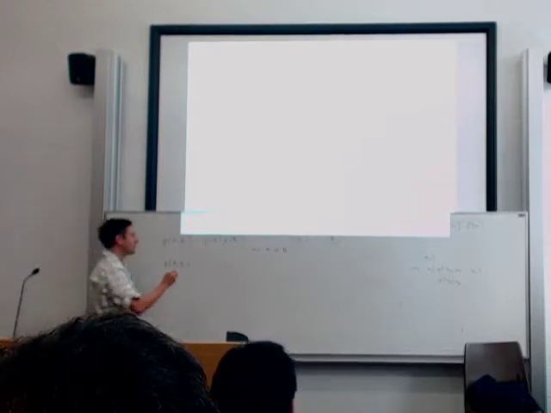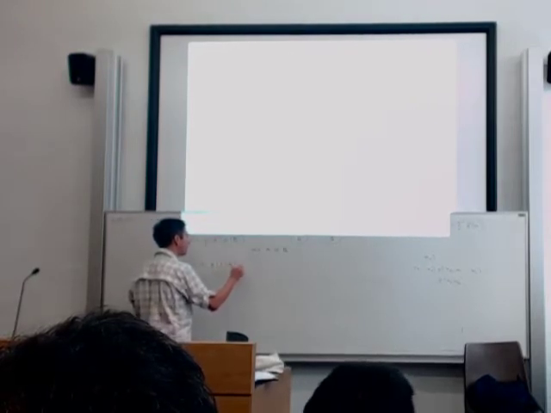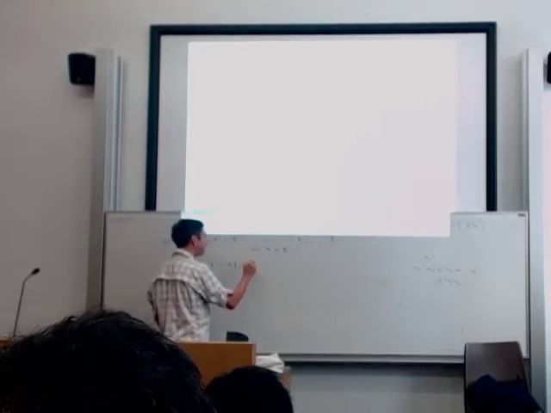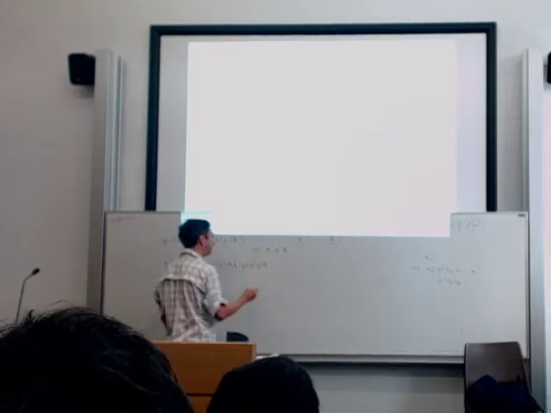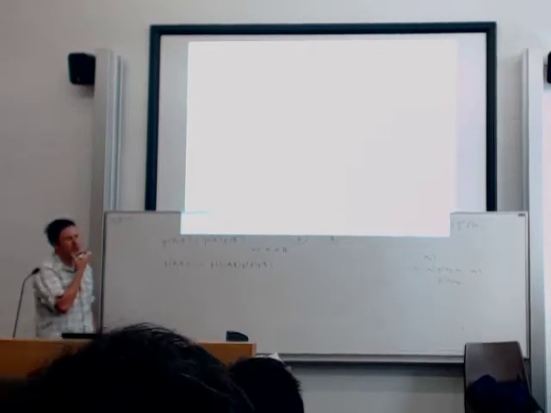We'll see an example of this later. Let's say somebody tells you this, and then they ask you whether, if you condition upon C, A and B are independent.